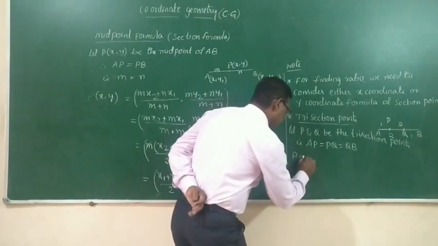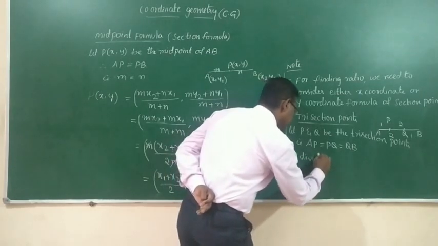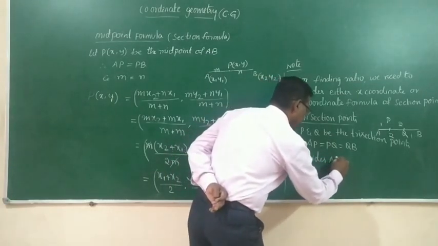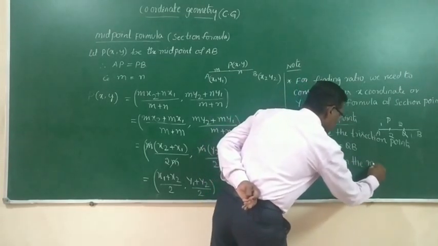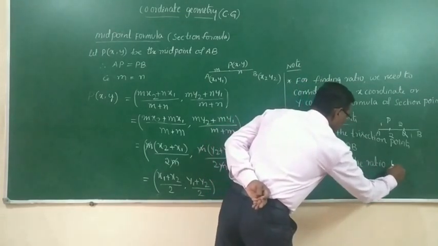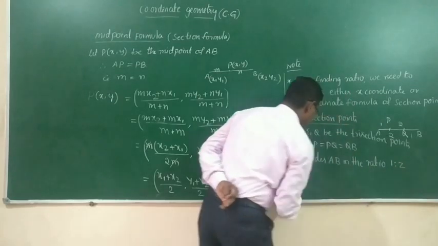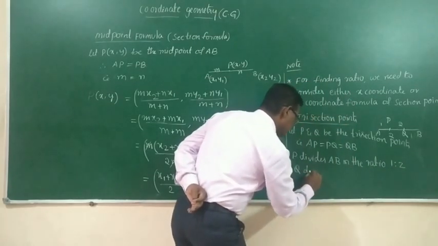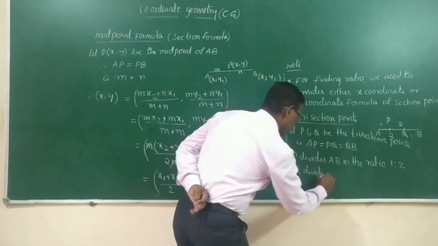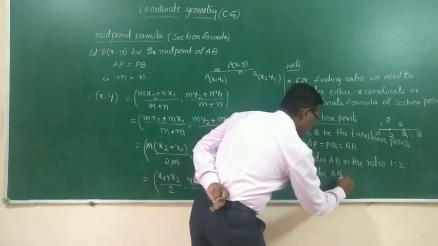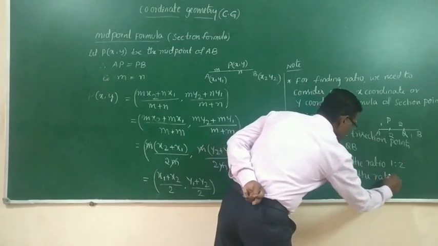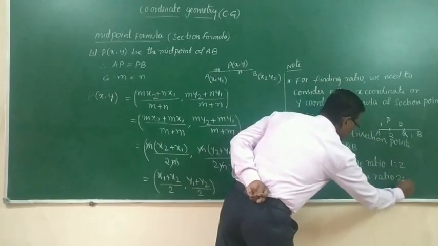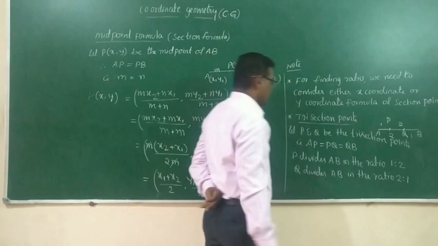Here P divides AB in the ratio 1:2. Q divides AB in the ratio 2:1.